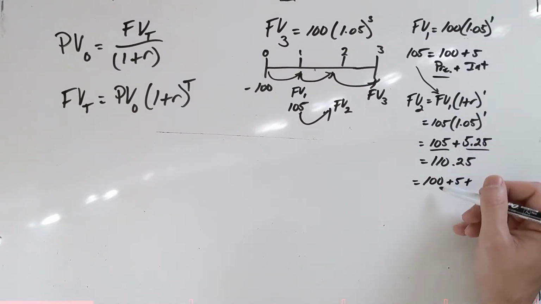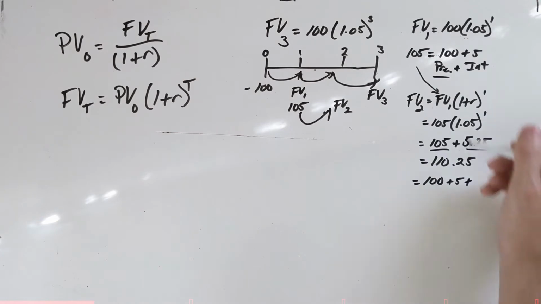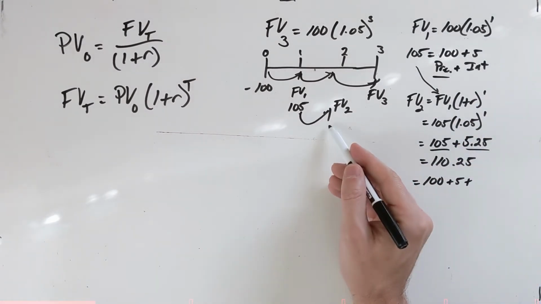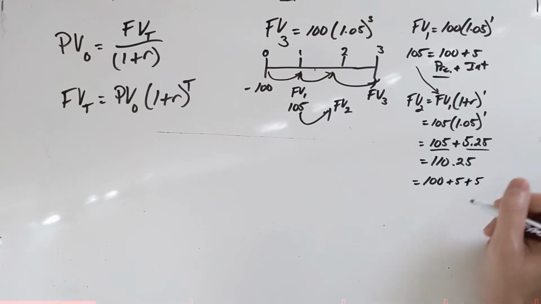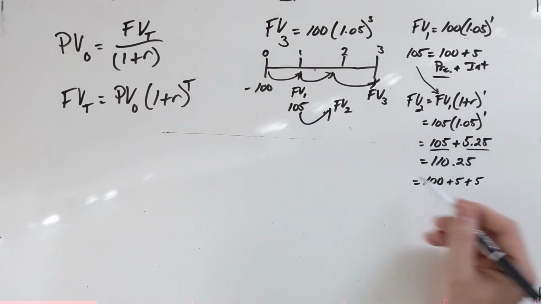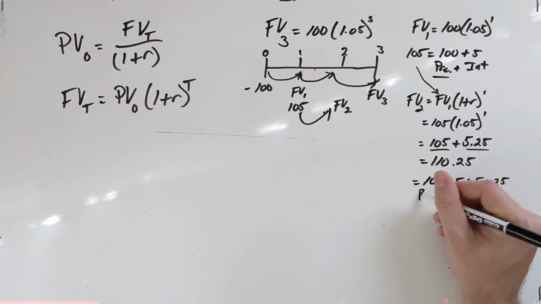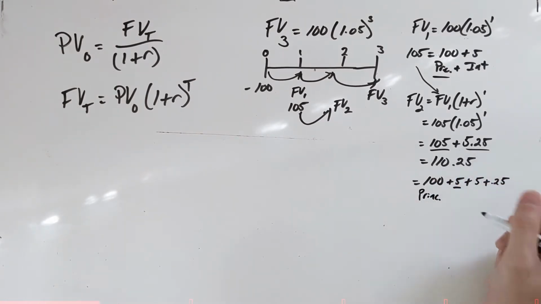Well, you're going to get your $100 back. You're getting the $5 back from interest in the first year. The $100 sits through the second year, gets another 5% interest, and then we get 5% interest on that $5, which is another 25 cents. And so this is our total. We're getting the original principal.